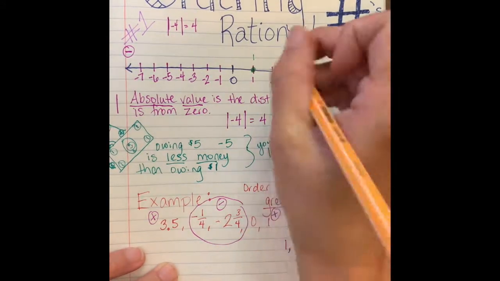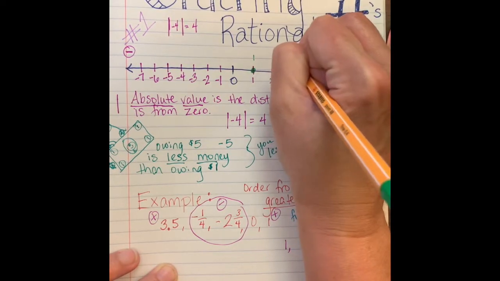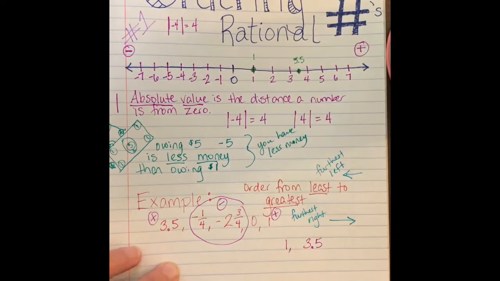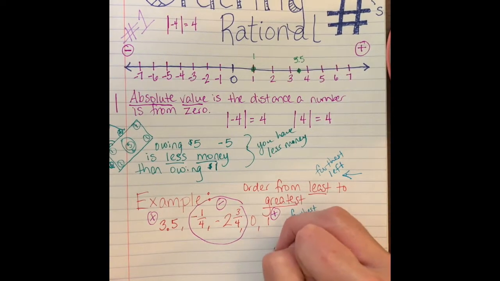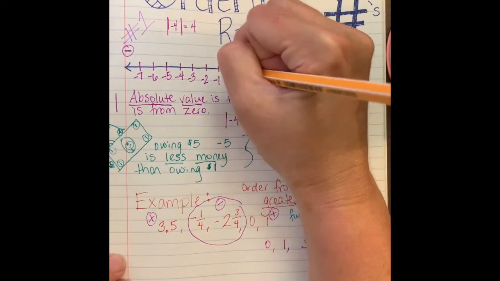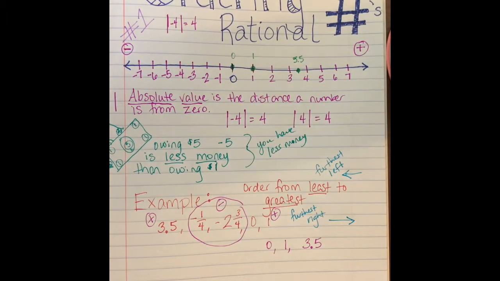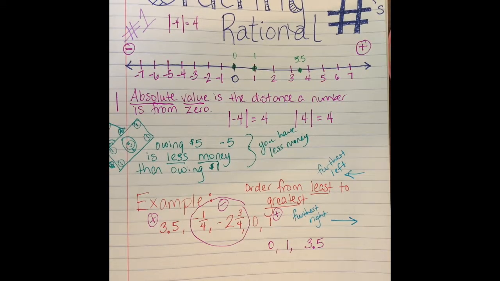So 3 and 5/10 is exactly in the middle of 3 and 4. So that's 3 and 5/10. And then before this 1, I've got the 0, right? Because there's my 0. It's already labeled, but I'm going to label it again.